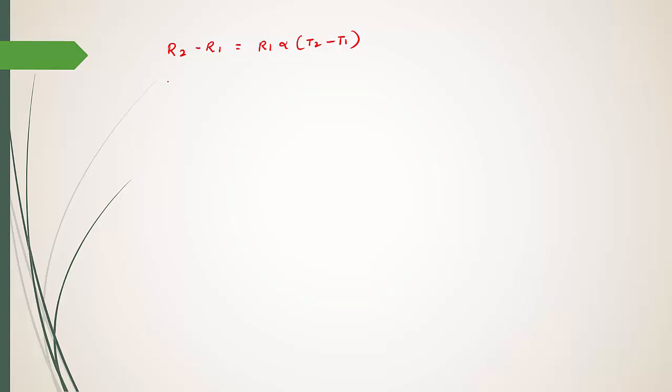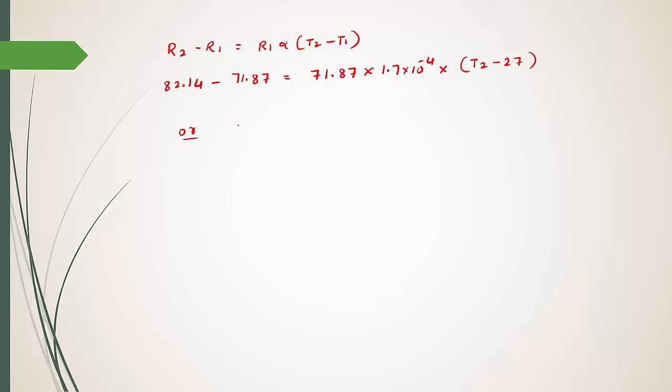R2 we got 82.14 minus R1, which is 71.87, is equal to R1, 71.87, into the alpha value given as 1.7 into 10 raised to minus 4, into T2 minus T1. We don't know T2, keep it as it is, minus T1, which is given as room temperature 27 degree Celsius.